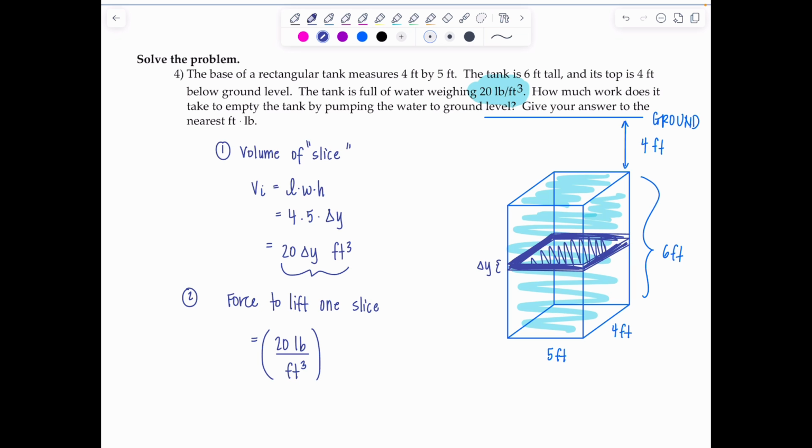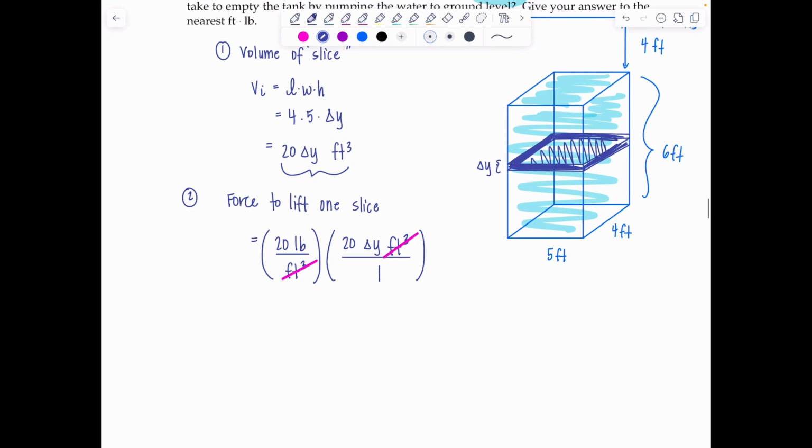So if I take the force required to lift one slice and multiply it by 20 delta y feet cubed, which is over 1, then notice my units feet cubed cancel. Perfect. And that's going to give me a quantity that is in pounds, which is force. So that's the force required to lift one slice.